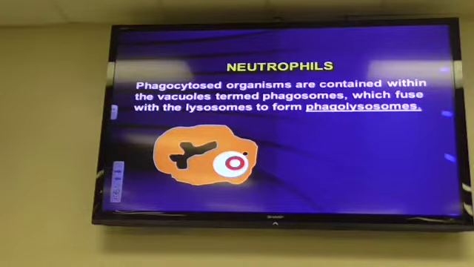Here, in this diagram of the neutrophil, we are showing that phagocytosis is a two-step process again. If the red one here is the bacteria, it has been ingested and brought into a cavity which we call a phagosome first.